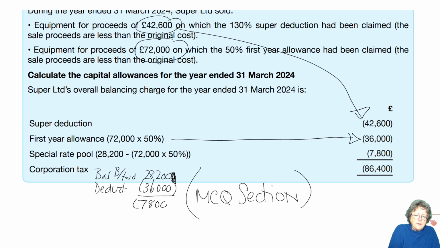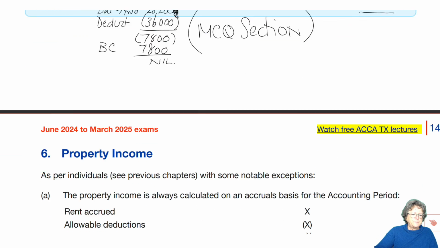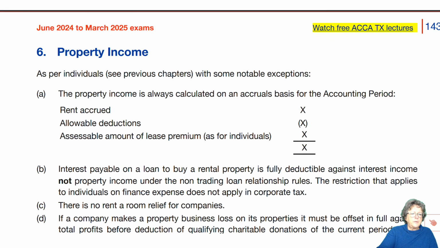We have claimed too many allowances in that special rate pool. This is what it would look like in a computation. So therefore we have a balancing charge of 7,800 to bring that down to nil, because the special rate pool is now empty. So that would be the total of our balancing charge. Let's move on to property income now.